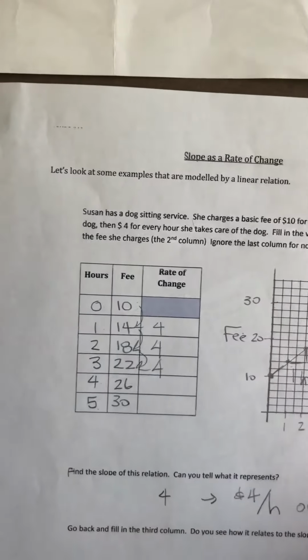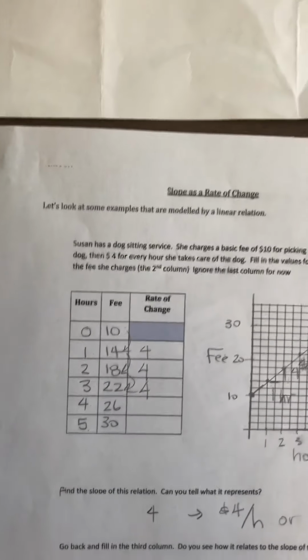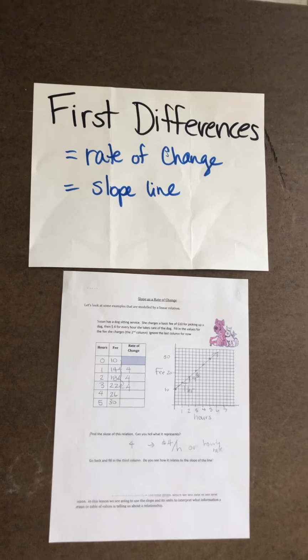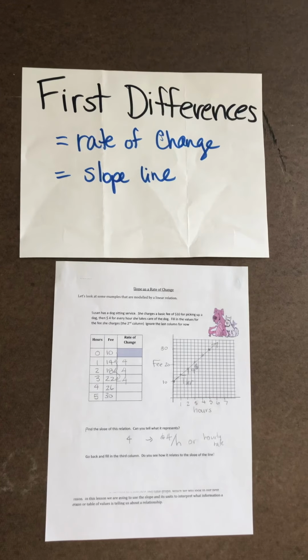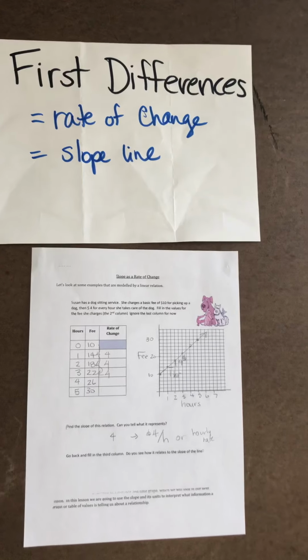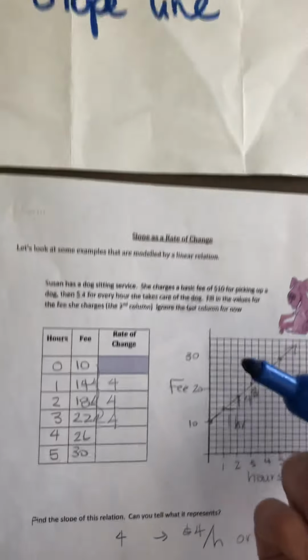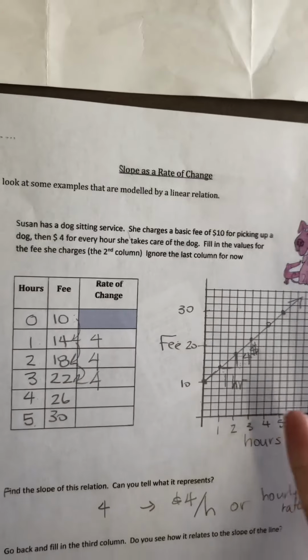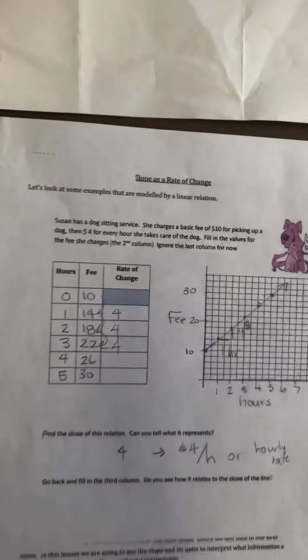What are we going up by on the other side? Okay, so first differences might also be called rate of change, might also be called the slope of a line. The only important thing about it is that if your first differences remain constant, you can state it's a line no matter what.